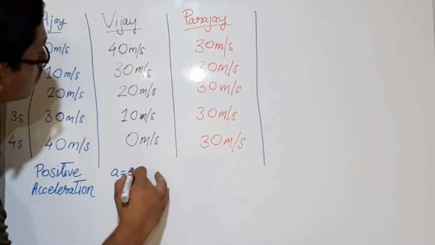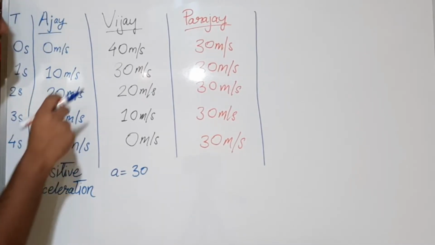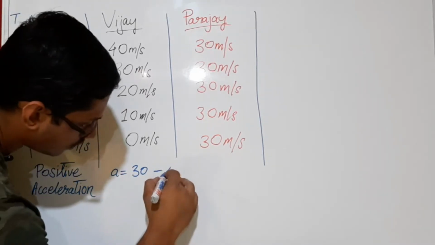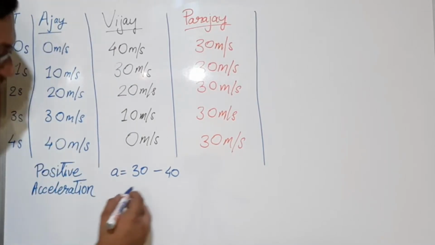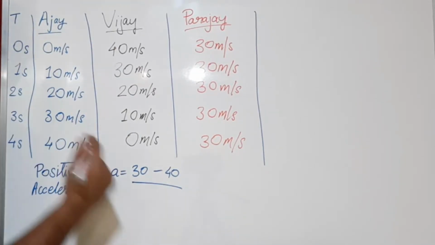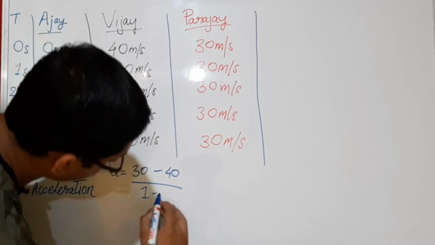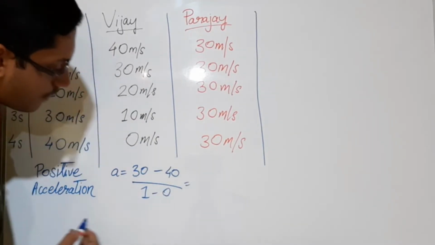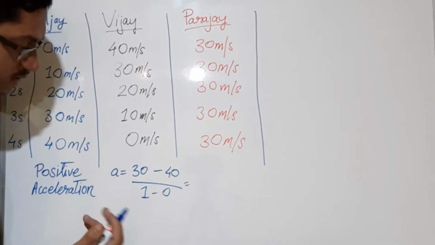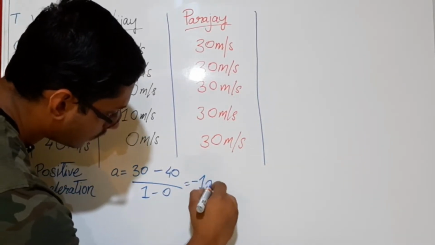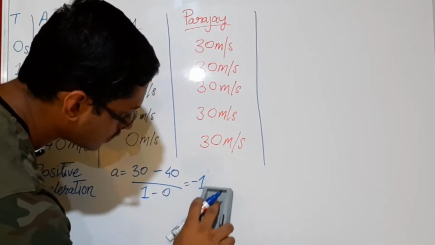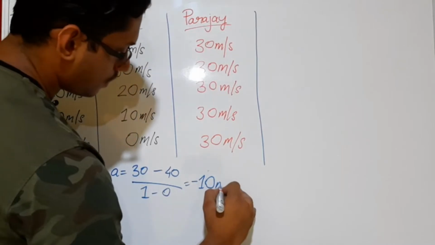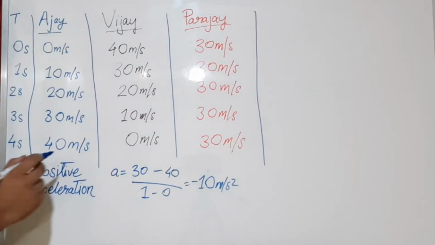Acceleration is equal to final velocity 30 minus initial velocity 40, divided by the time taken, 1 minus 0. 1 minus 0, okay, is equal to, what is the answer? Minus 10. The answer is minus 10 meter per second squared.